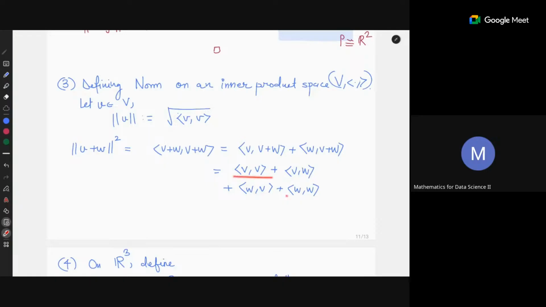Now these two things are the squares, and we are adding this cross term.